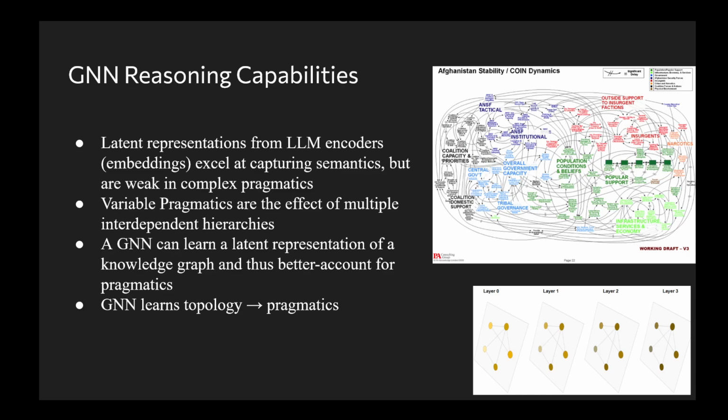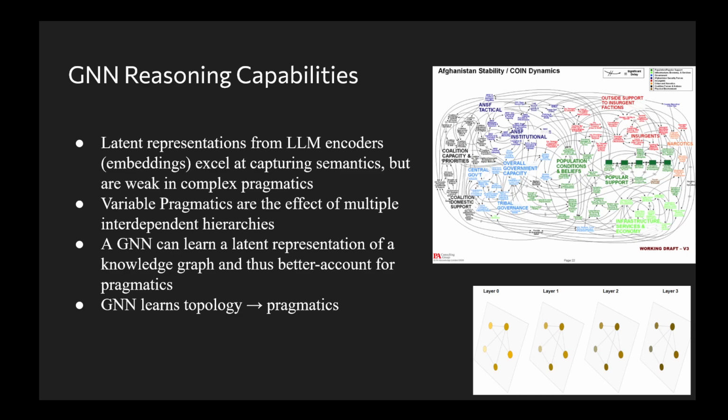But a GNN, by learning essentially the topology of the whole graph, you can think of it as the silent promise, or the silent, unspoken rules.